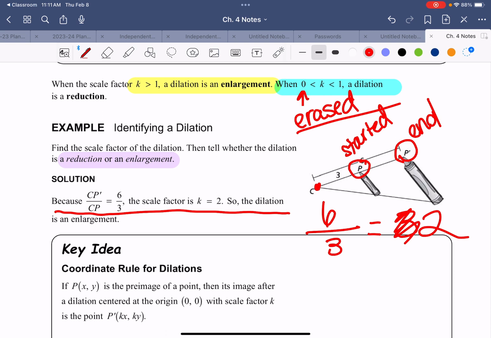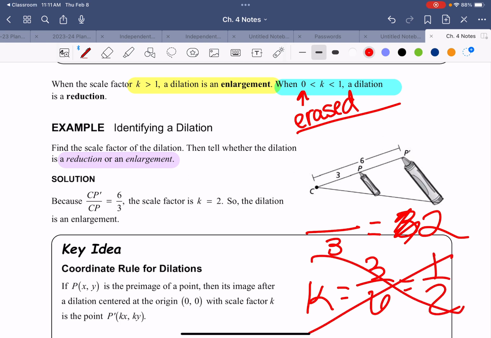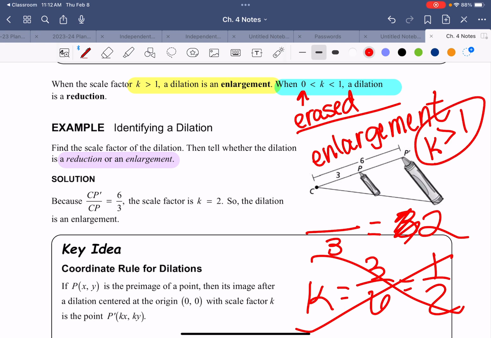I might look at this, and when I go back up here, I'm going to erase it. I see the number 3 and 6, and I instantly go, okay, K is 3 over 6, which is 1/2. That is incorrect. And I know it's incorrect because I already identified this as an enlargement. And if it's an enlargement, then K must be greater than 1.